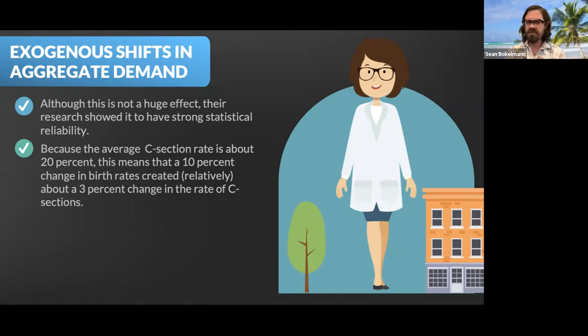So 3% seems a little bit bigger than 0.6, but in any case, what's important is that the difference is statistically significant. It's not statistically the same as 0, even though 0.6 is pretty close to 0, right? I'm sure there's probably been more studies since then that have looked at exogenous shifts in demand, but at the time of publishing of this book, I guess this was the only one.